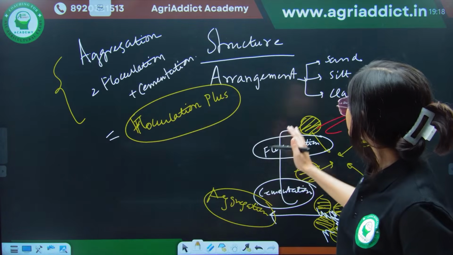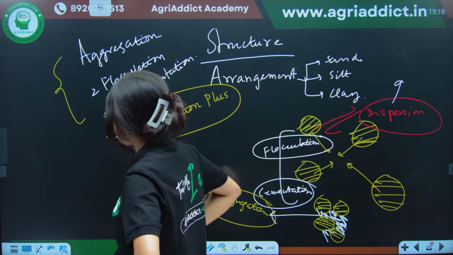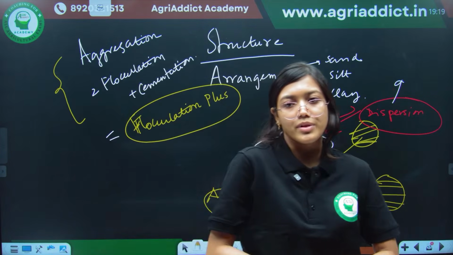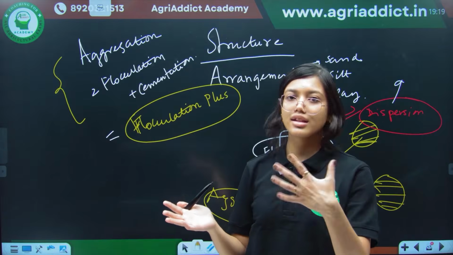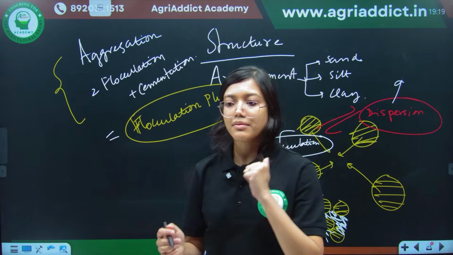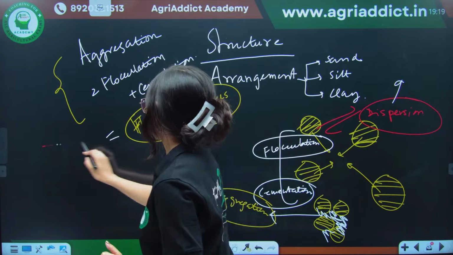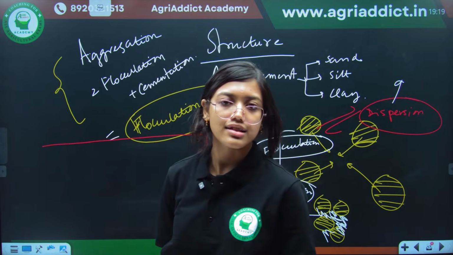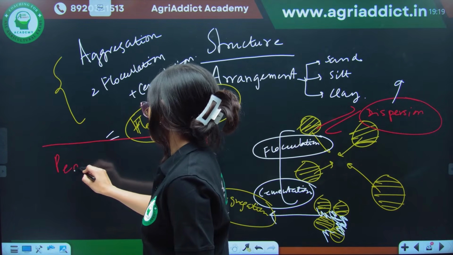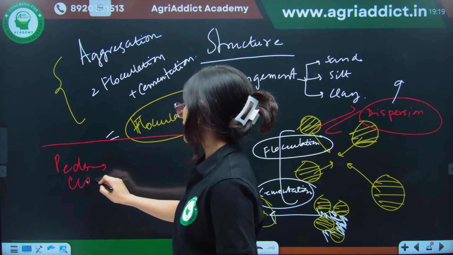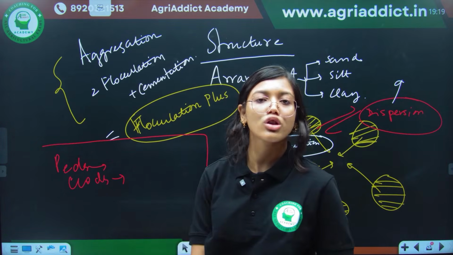Clear? Now, as I was mentioning, soil structure is the relative arrangement. All these aggregates are also present in your soil, and based on that, your aggregates will be classified into several factors. If you have natural aggregates, then it is called peds. If you have artificial aggregates formed during tillage, then it is called clods.